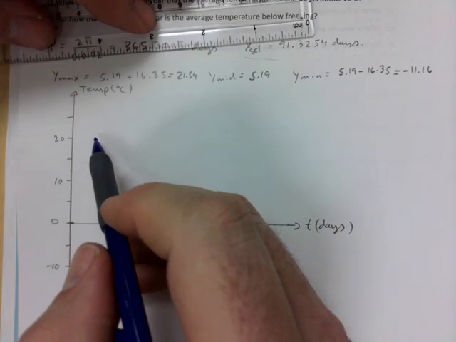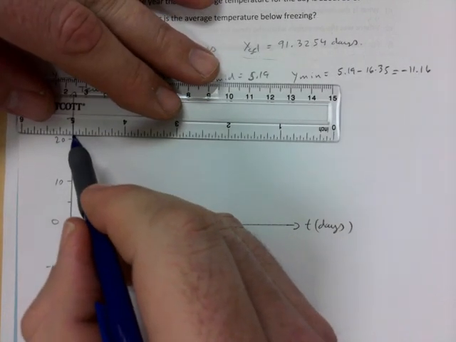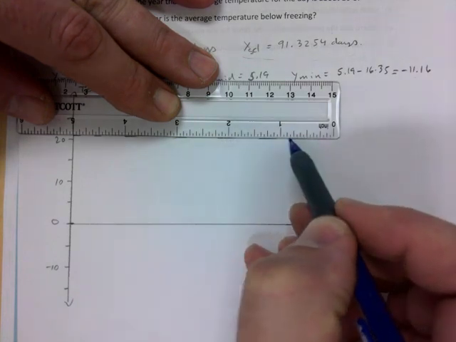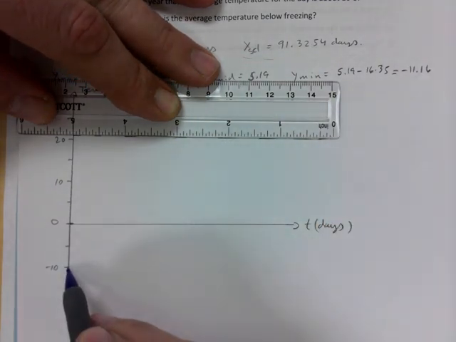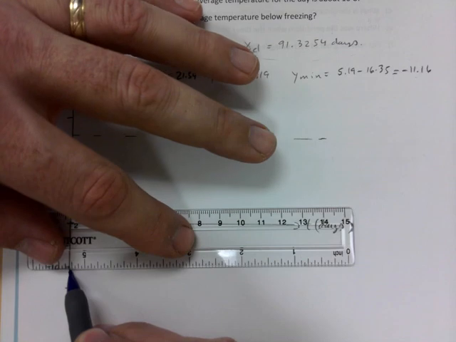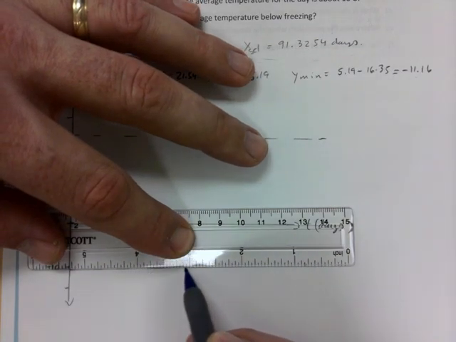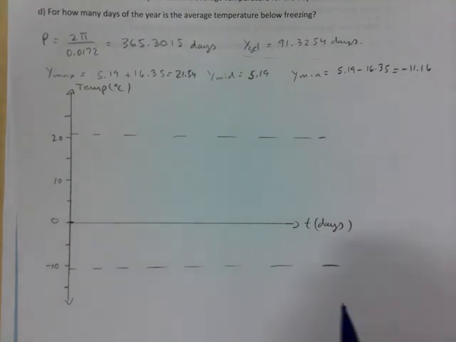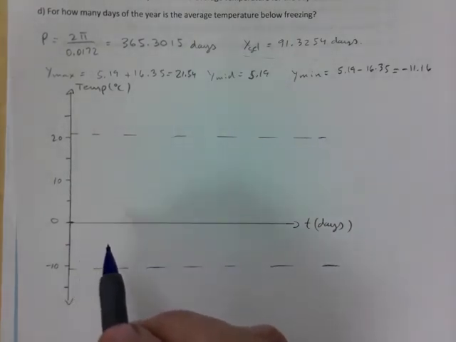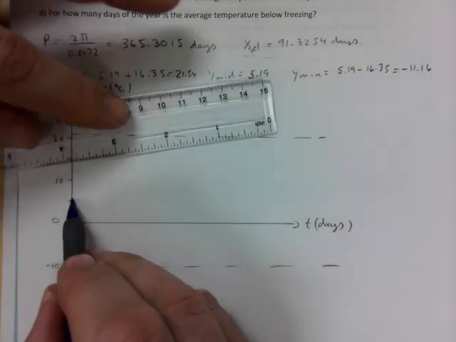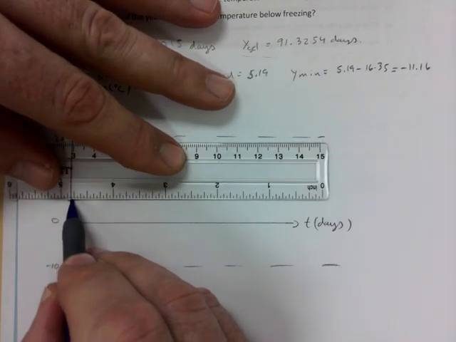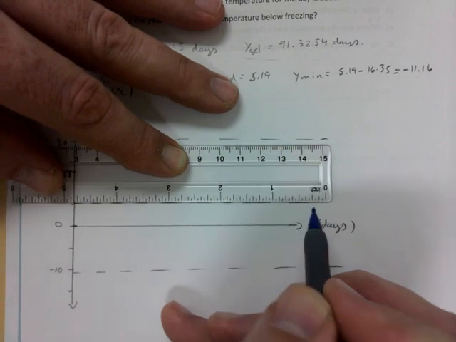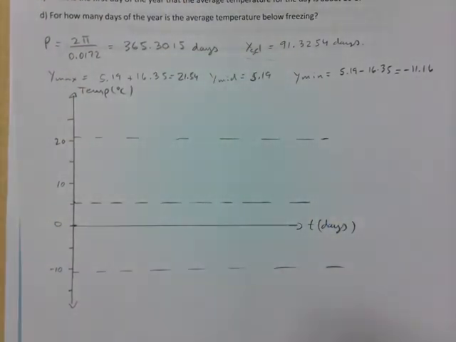So this is 21.54, and then I have negative 11.16. And my median is 5.19, right about there. It's important to make sure the lines are somewhat parallel to each other.